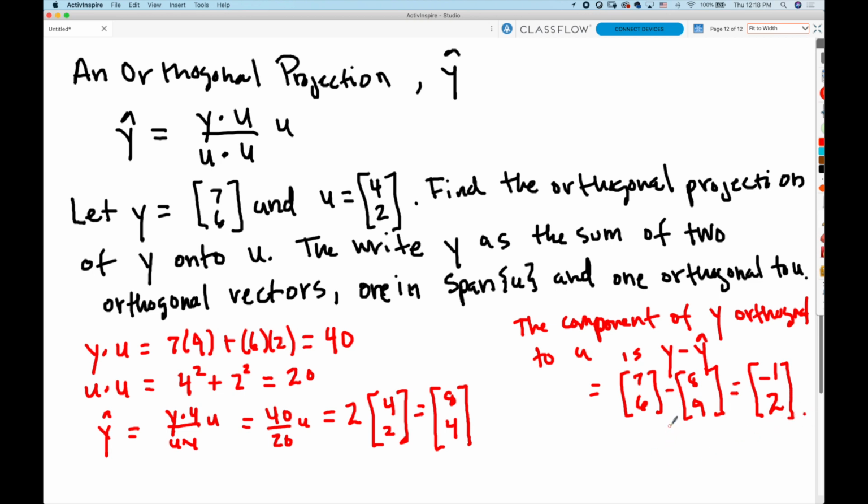Okay. So that's my component of y orthogonal to u.